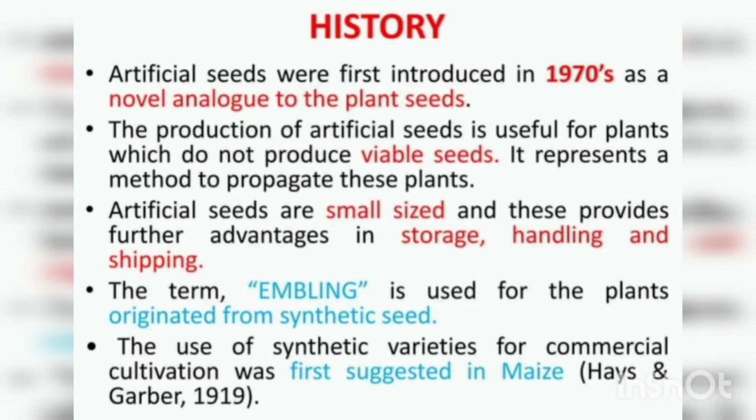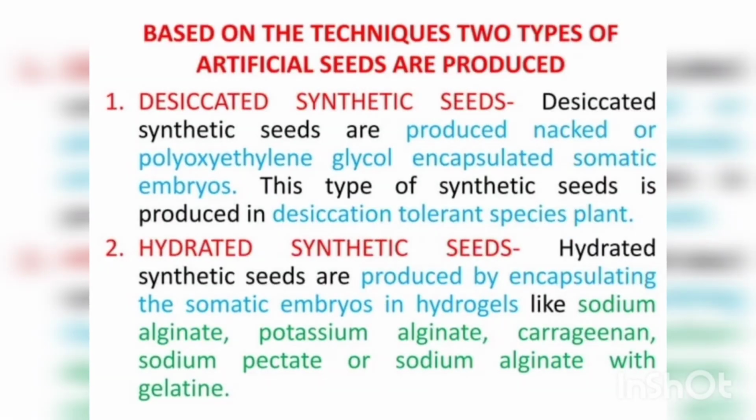The use of synthetic varieties for commercial cultivation was first suggested in maize by Hayes and Garber in 1919. So those plants which do not produce viable seeds can use these artificial seeds.